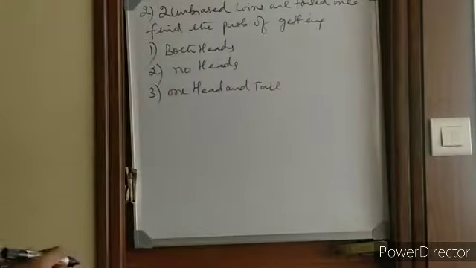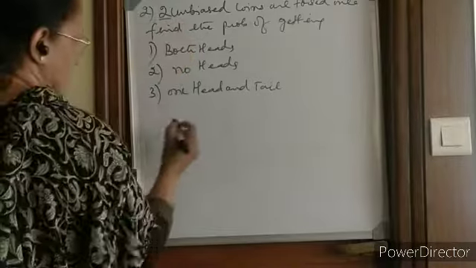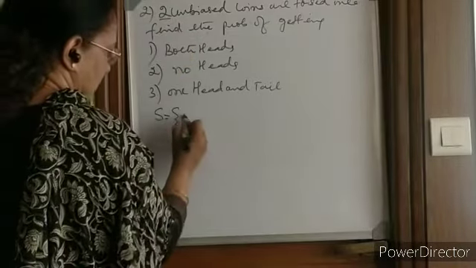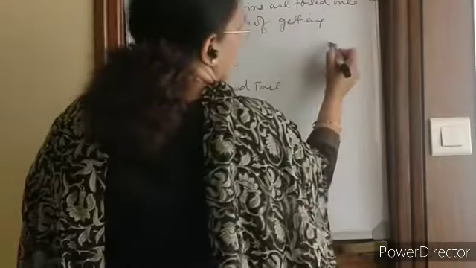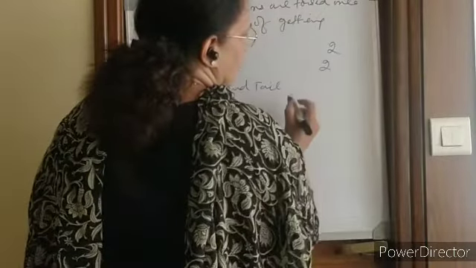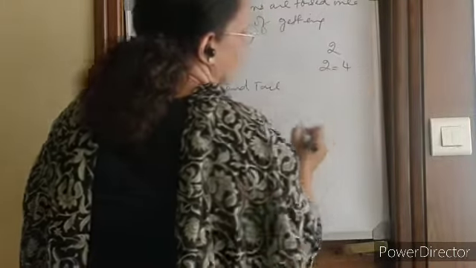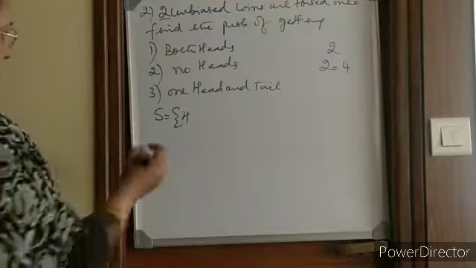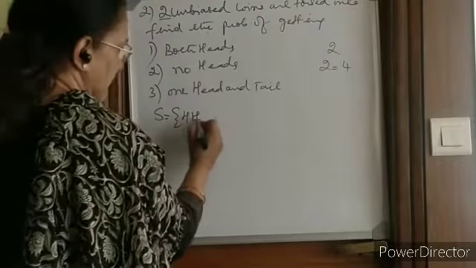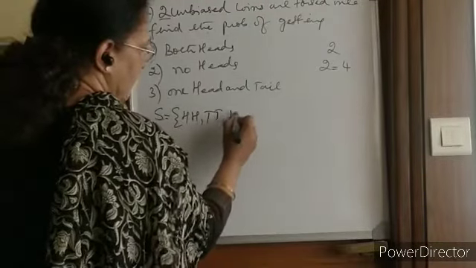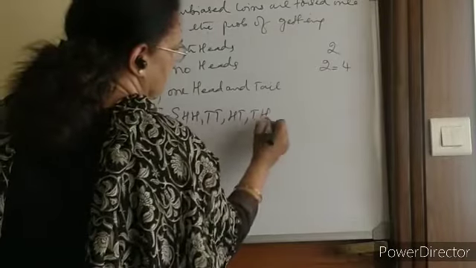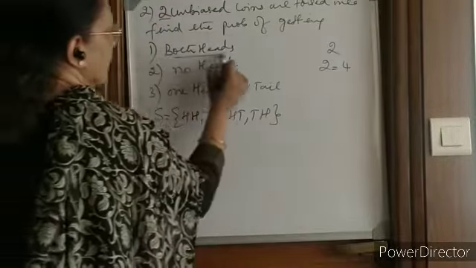Okay. Now here how many coins? So two coins. So sample space. I told in the last session, two coins, each has two sides. So the total number of exhaustive outcomes will be 4. So S will become HH, TT, HT, TH. So first one is both heads.